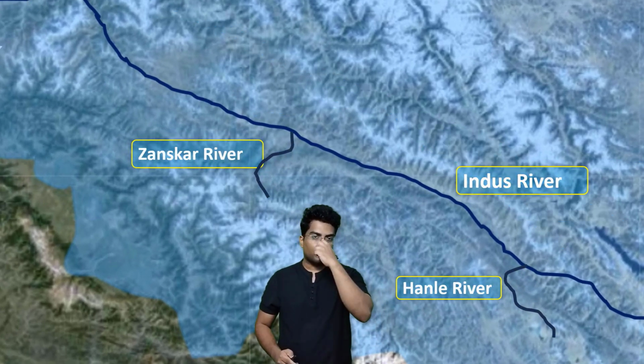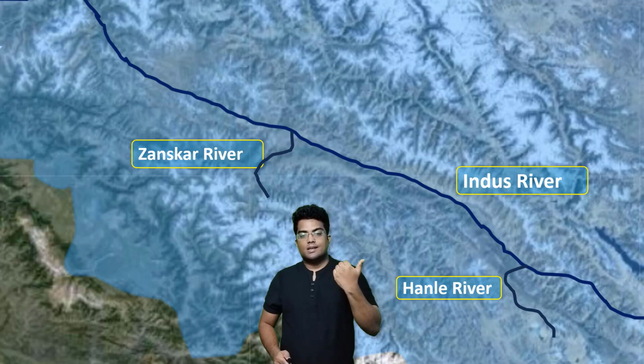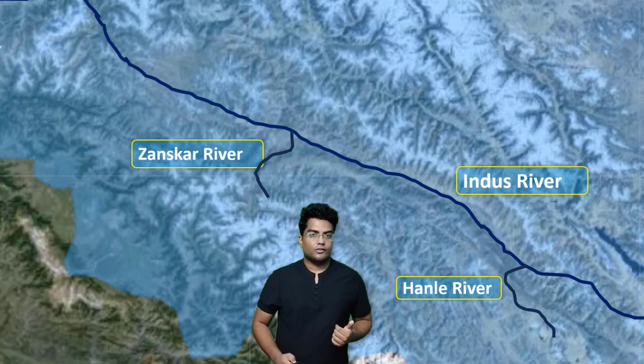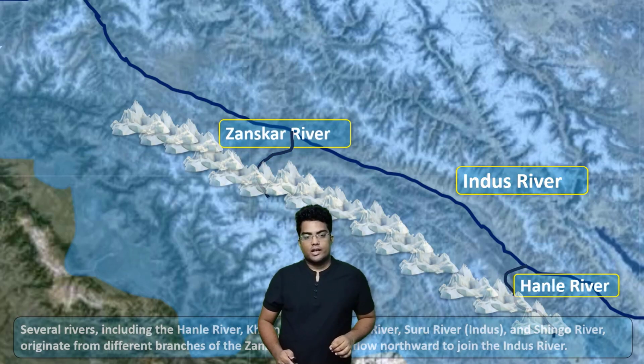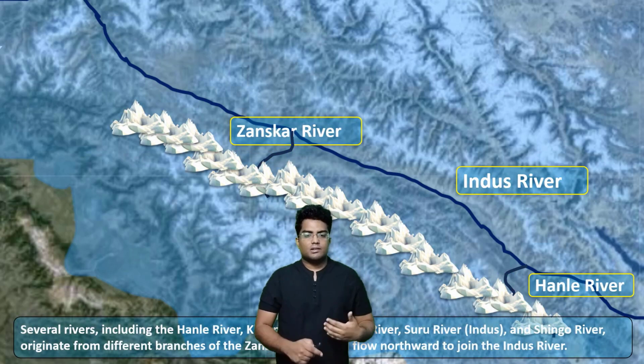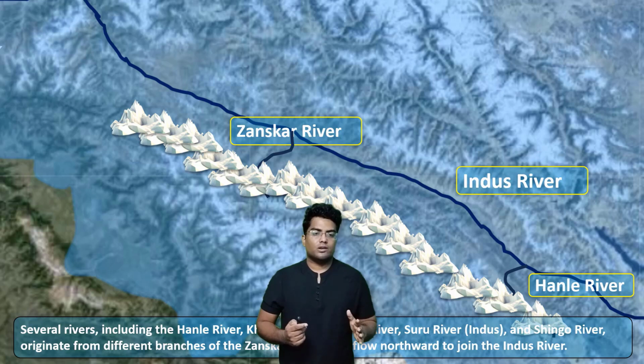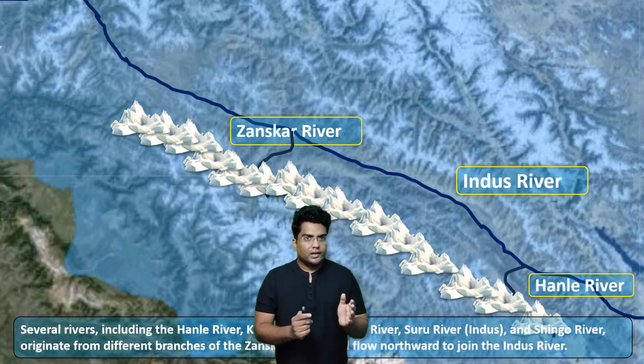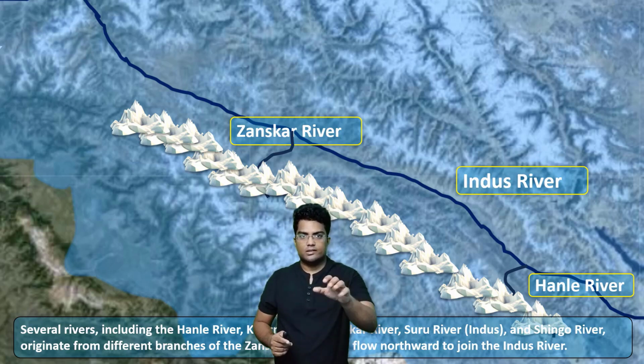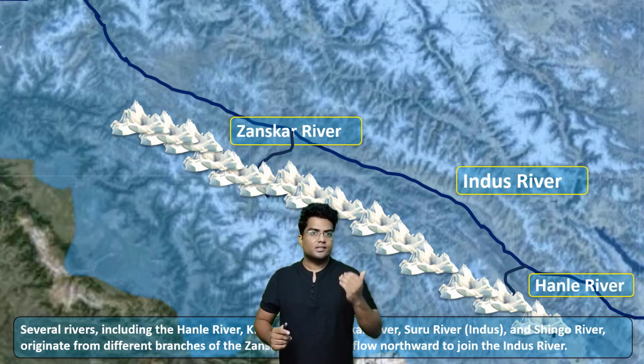There are two major important rivers. Okay, one is the Zaskar River and the second one is the Hanle River. Okay, Zaskar River and the Hanle River, and this is how it looks. Now there are some other rivers like the Suru River and the Kurna River, but I really can't find the way through which it goes. So I'm just mentioning that if the question arises, are the Kurna River or the Suru River part of the Zaskar range?